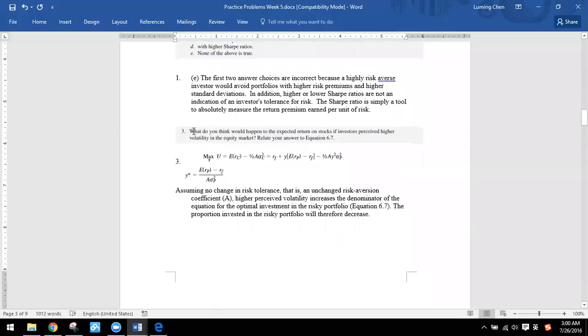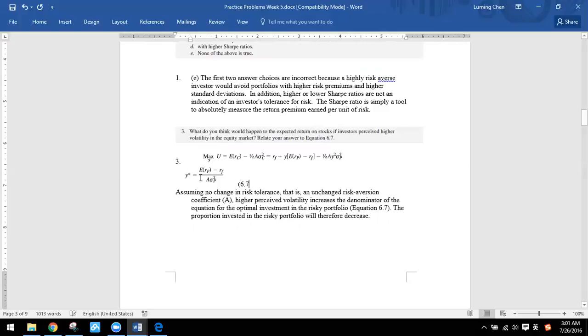Number 3, what do you think would happen to the expected return on stocks if investors perceived higher volatility in the equity market? Relate your answer to equation 6.7. So this is equation 6.7, or we call it the risky allocation, Y, or Y star.